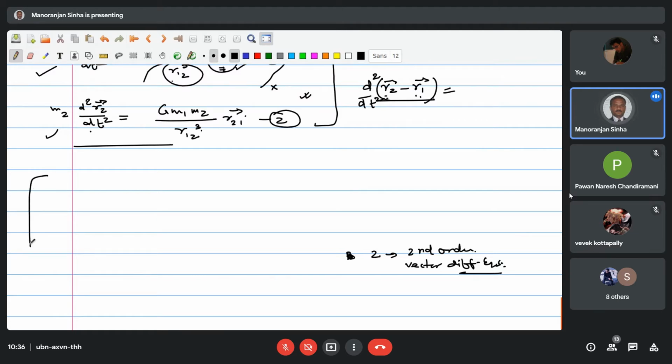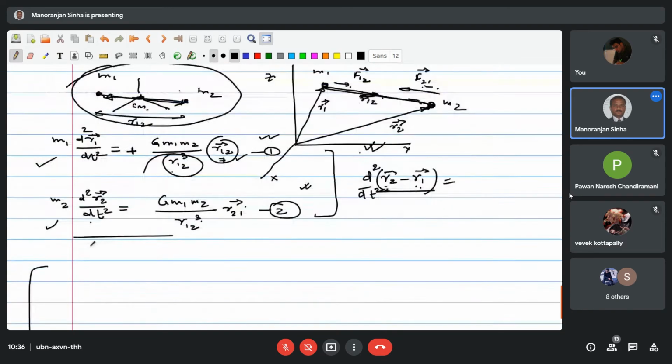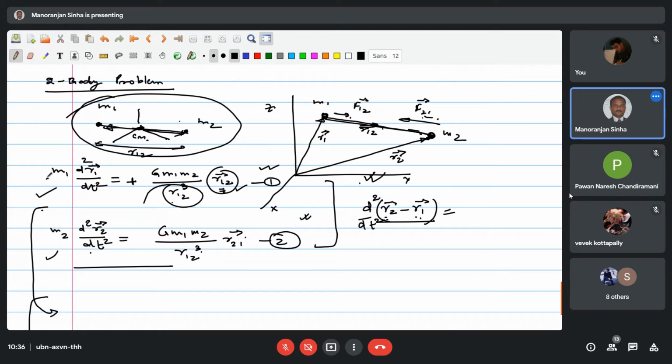So in this equation, the upper one, how many constants are involved? Because this is a vector in 3 dimensions, it has 3 components.